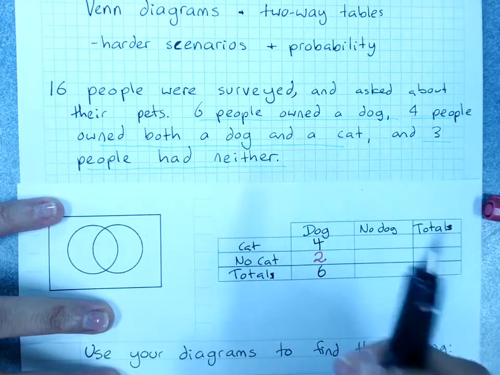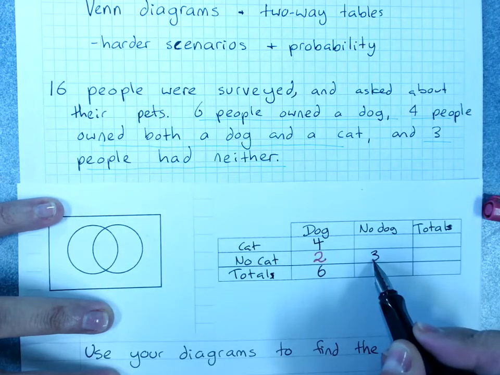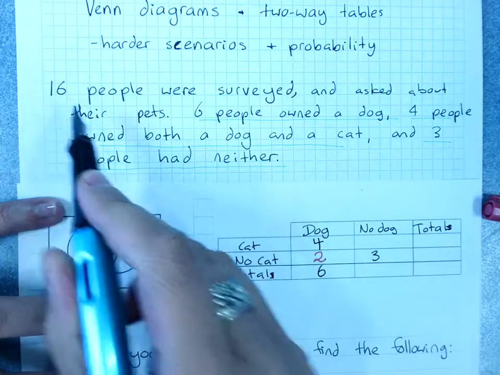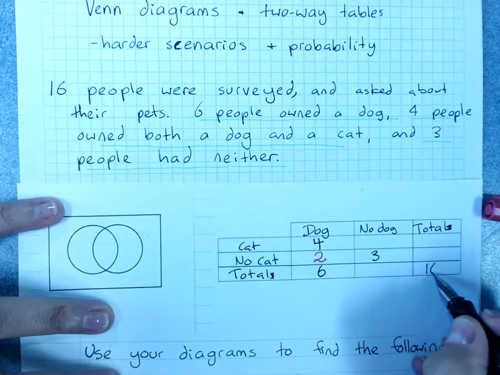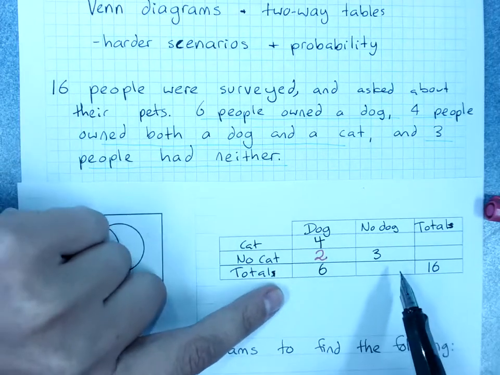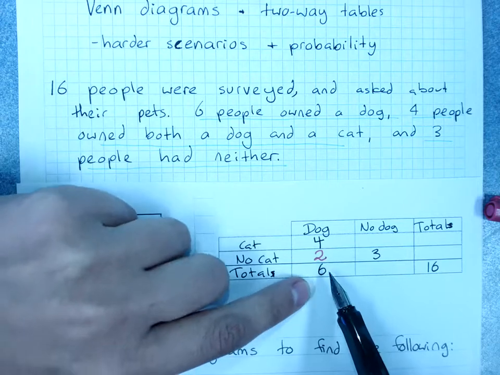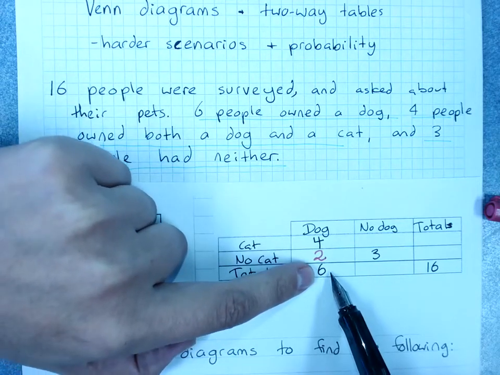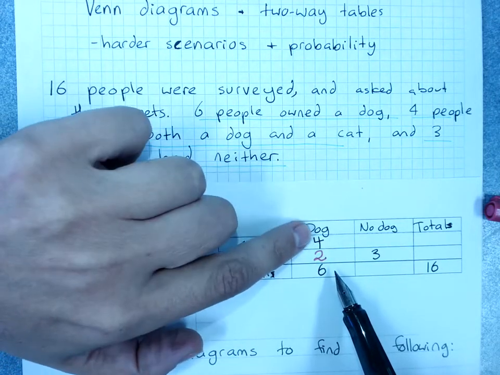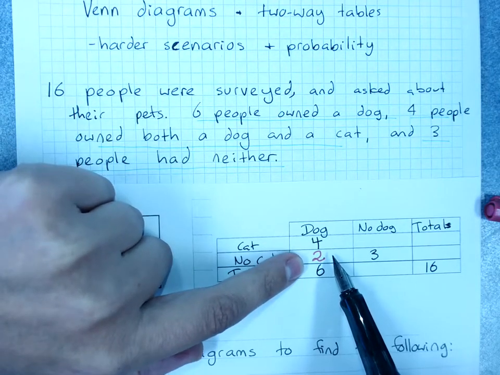3 people had neither, no dog, no cat, and of course 16 people were surveyed. Now in any row or column, if you've got 2 numbers, you can work out the other number. So if you know a total, you'd have to subtract the other number to get the missing one.